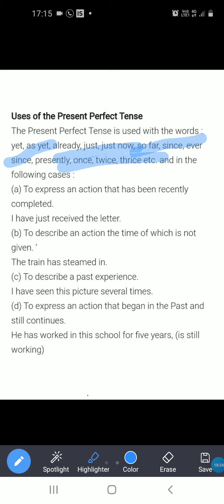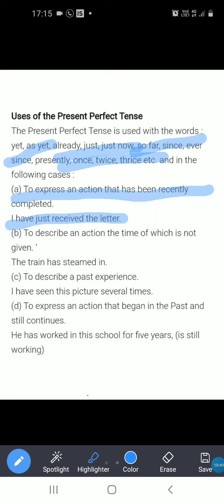Here it is used to express an action that has recently completed. I have just received the letter. So that is completed in present time.